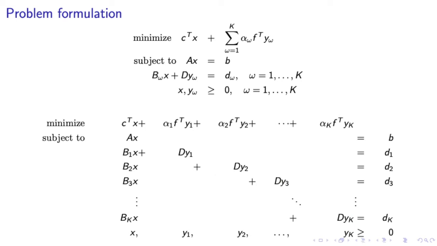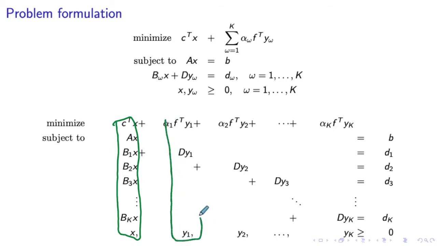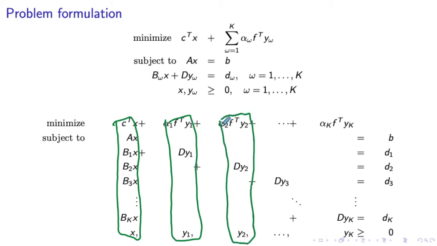Now, if we look at the dual of this problem, then the blocks of the constraints will correspond to these columns right here. So we'll have the block corresponding to the X variables, then the block corresponding to Y1 columns, then the block for Y2 columns, and so on.